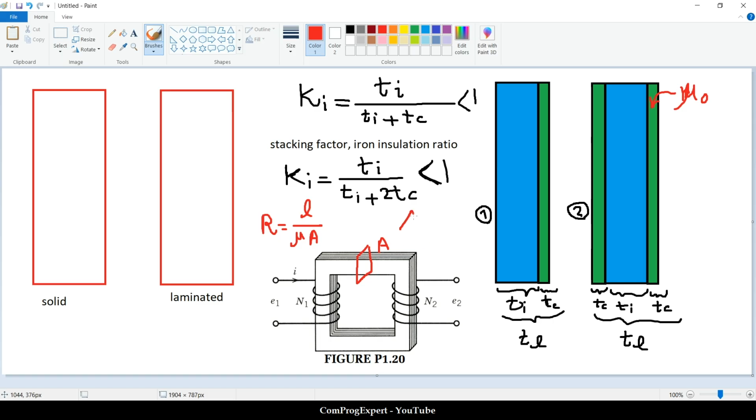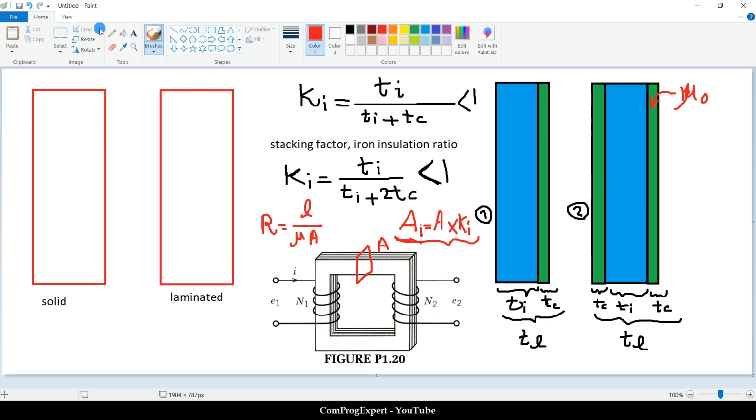So the net area of the iron is equal to the cross-section area of the core times the iron insulation ratio, the stacking factor. Okay, so here we can calculate the reluctance of this laminated electric steel core, right? And use it for the calculation of the reluctance.